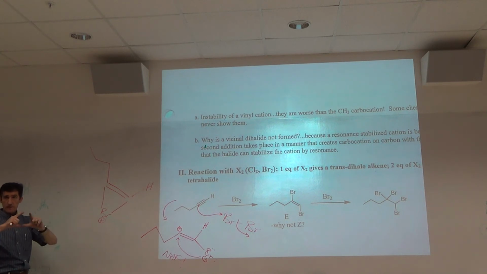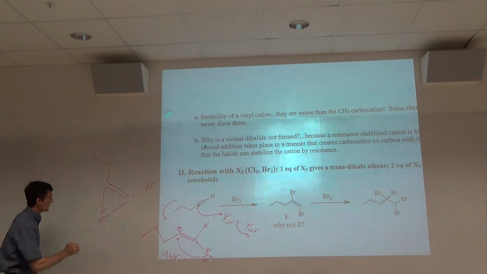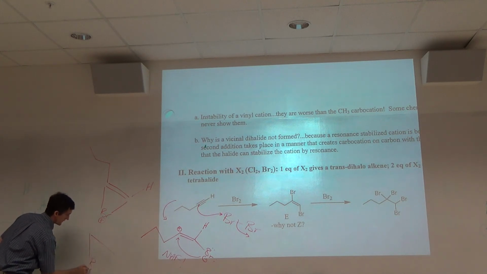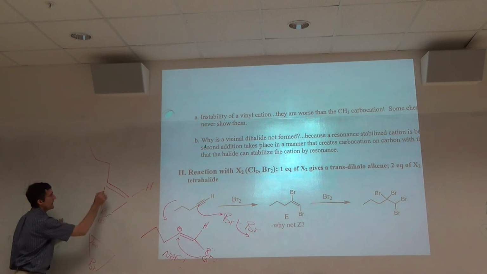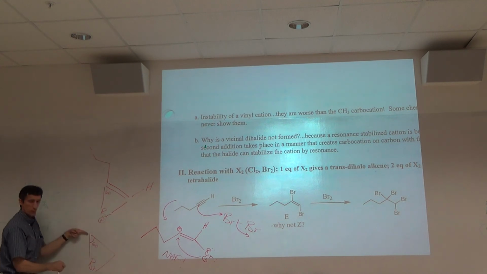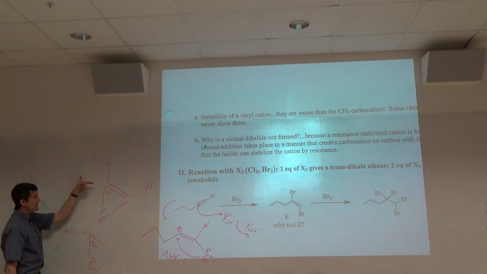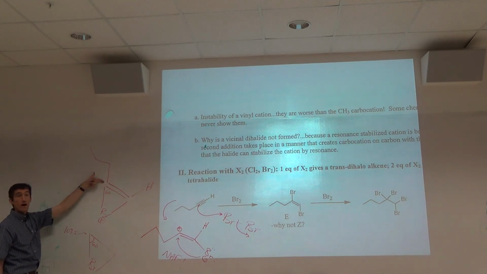Even when we usually make a regular bromonium, what's the bond angle? 60. But what does this want to be usually? 109.5, because that's tetrahedral. This wants to be 120.